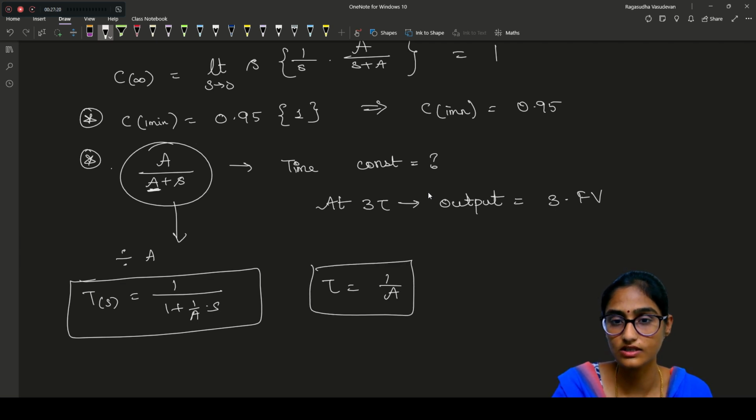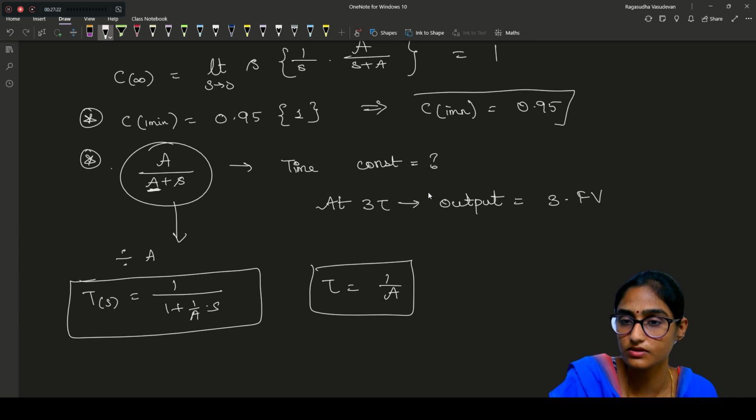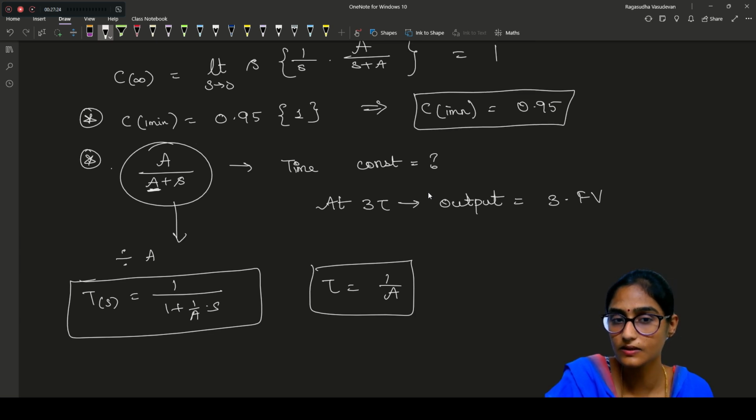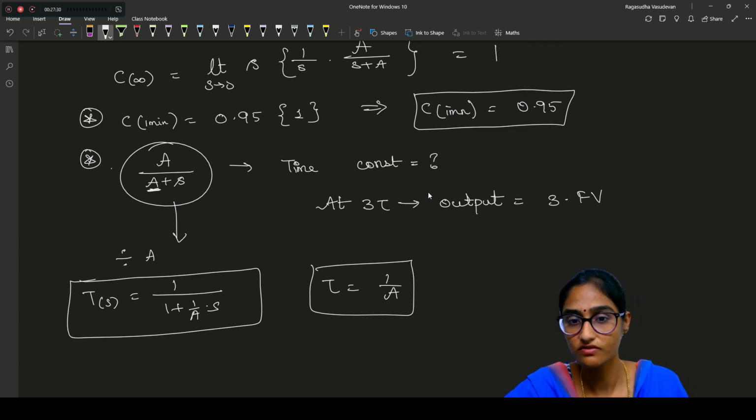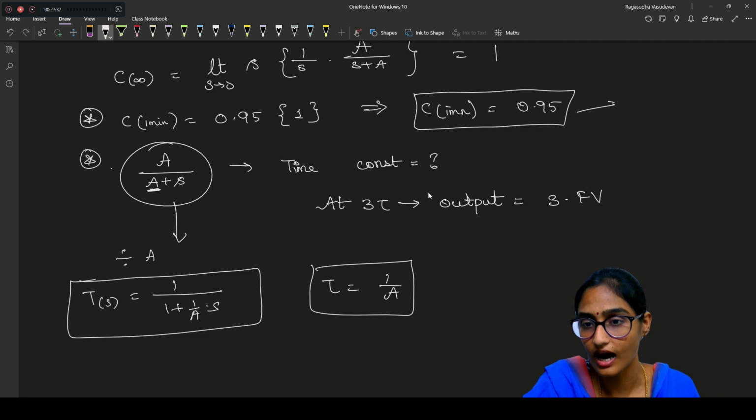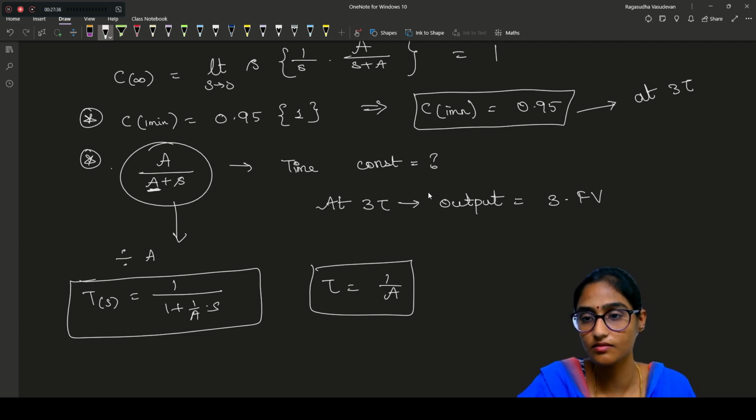We know that the response at 1 minute is 0.95, 95 percent of the final value, which occurs at 3 times the time constant.